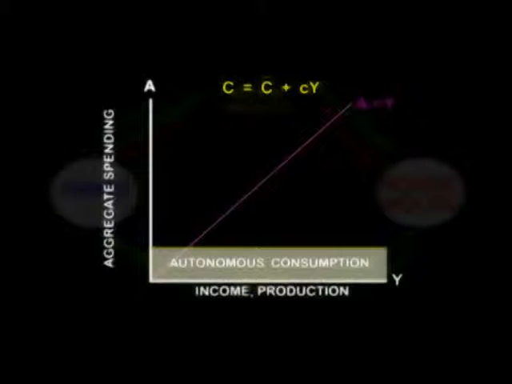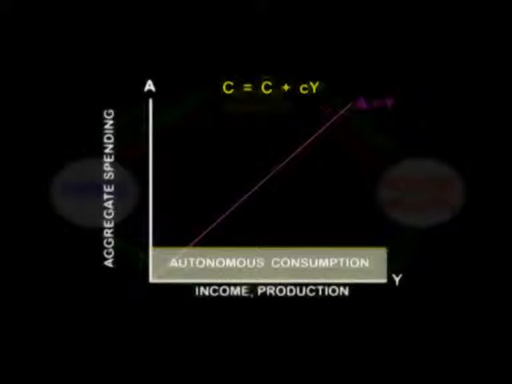This fraction is referred to as the marginal propensity to consume. The marginal propensity to consume represents that part of a household's income that it will spend. That which is not consumed is saved. If C is deducted from 1, then we have that portion of income that will be saved.